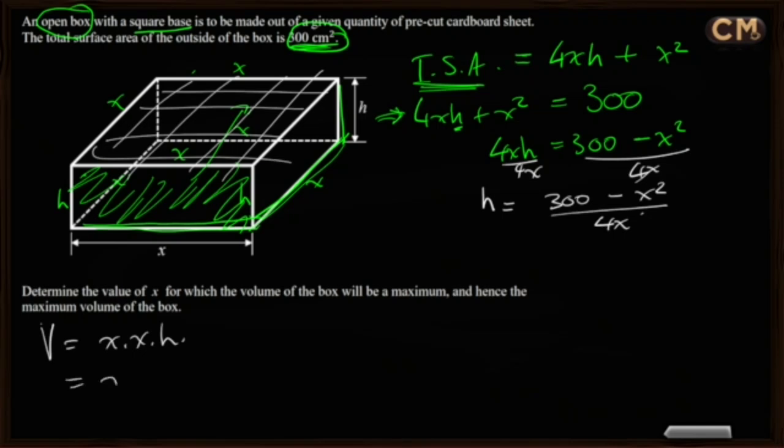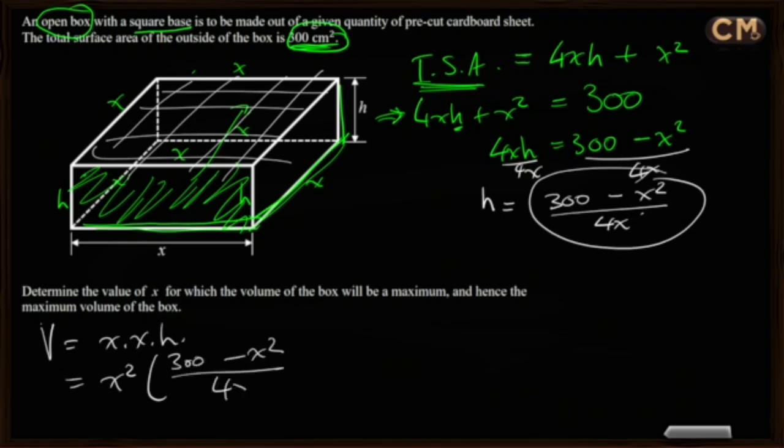So that'll just be x squared, and then h is defined by this expression, which is 300 minus x squared over 4x.